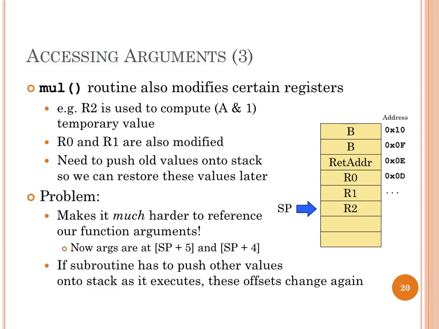Because as we push things onto the stack, our offset to where we have things that we want to access changes. And so you can imagine if you had this mechanism as your subroutine executed and pushed things onto the stack and then popped things off the stack, if it's referring to the arguments, the offsets would be changing all the way through the subroutine. What a drag that would be. Okay? Who wants that?